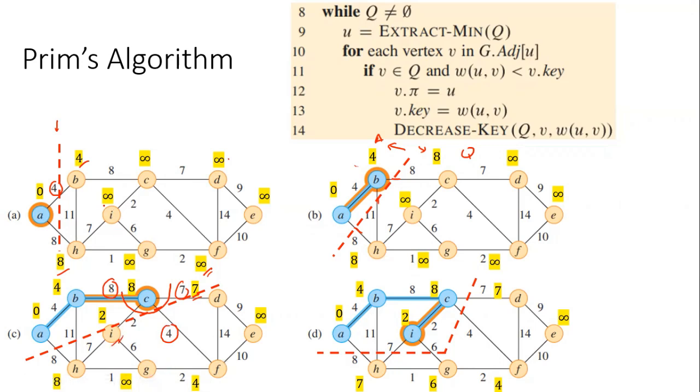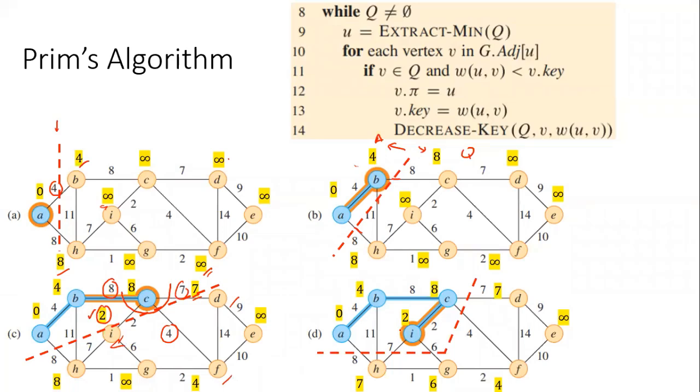This goes down from infinity to 2, all right? And now we look at all the vertices which are still part of the queue, which are I, F, and D, and you look at the one which has the least cost, which is clearly 2.